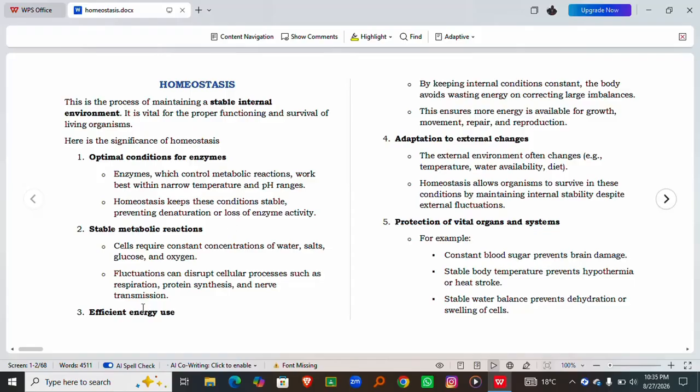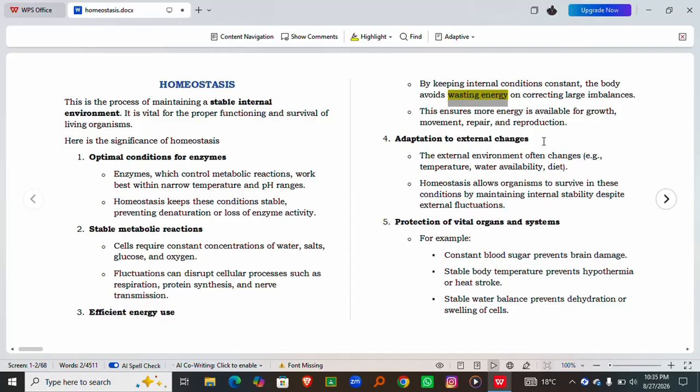Thirdly, we look at efficient energy use. When we keep internal conditions constant, the body avoids wastage of energy.